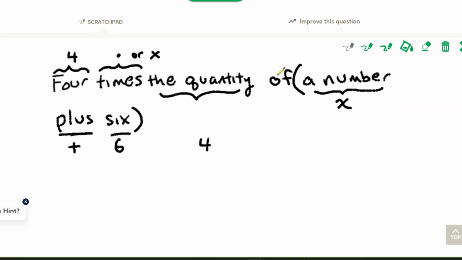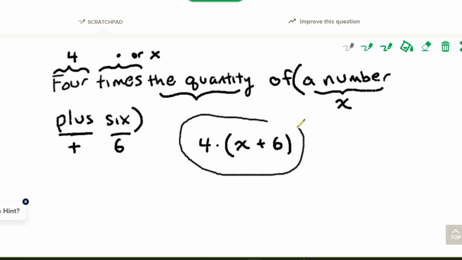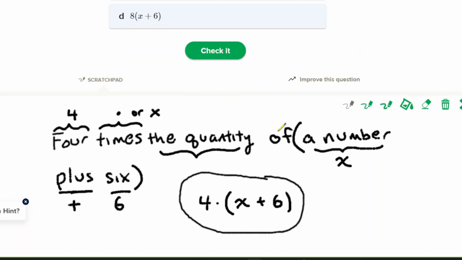So we have 4 times the quantity of, so 4 dot, parentheses, and inside the parentheses is the quantity, a number plus 6, and then close parentheses here. This number plus 6 is the quantity they speak of when they say the quantity of. And so here we go.